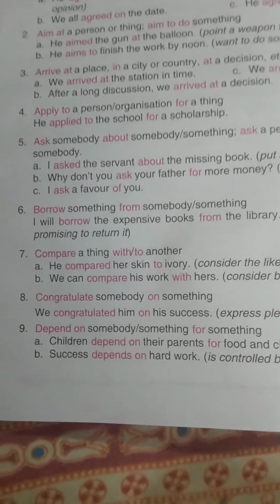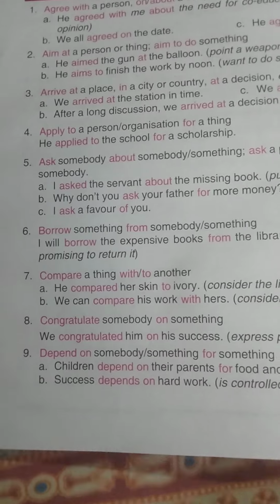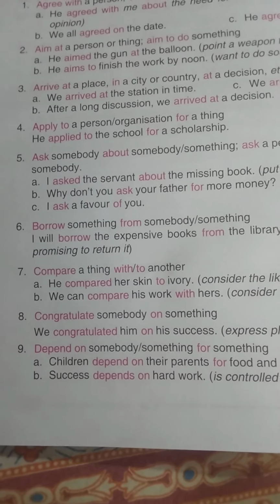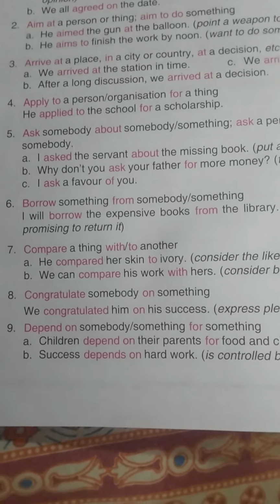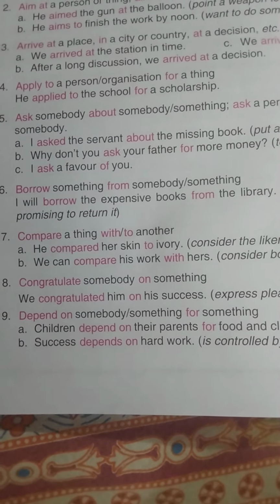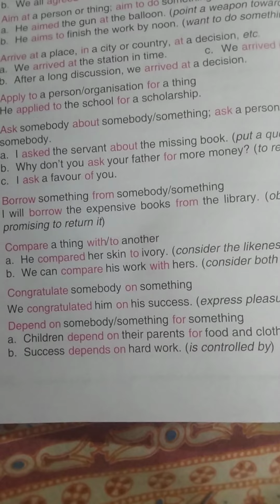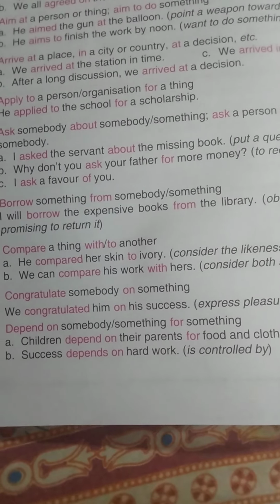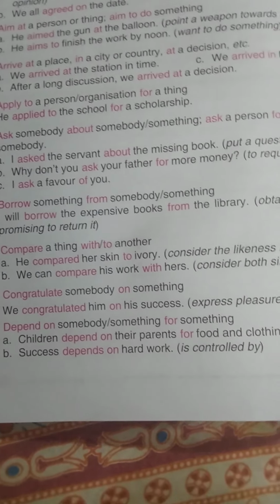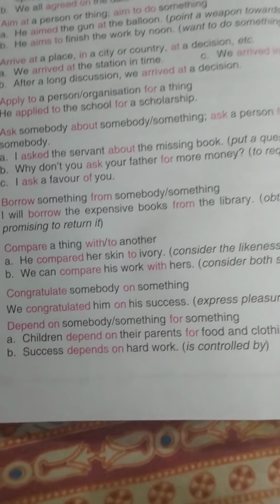Number 4 is apply. So it should be apply to or apply for. So when we see the sentence, he applied to the school for a scholarship, the preposition to will be used with apply when we are talking about a thing.